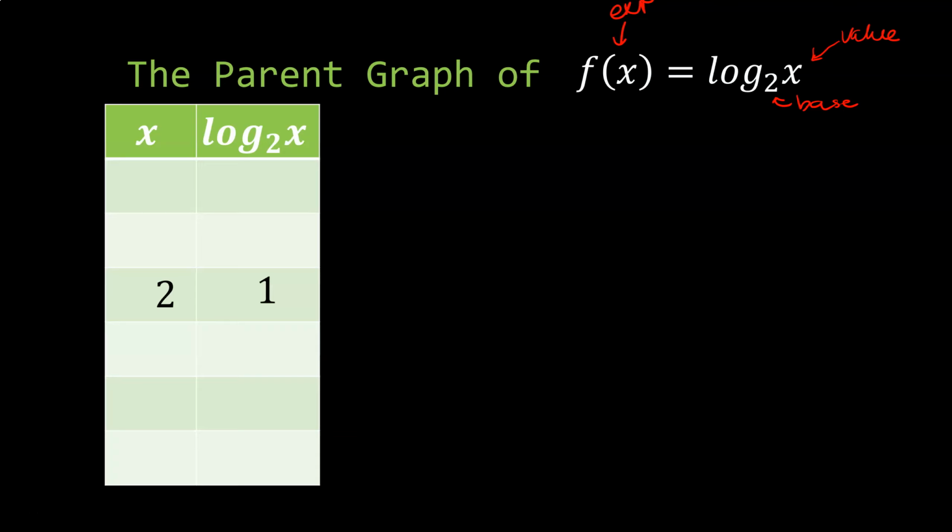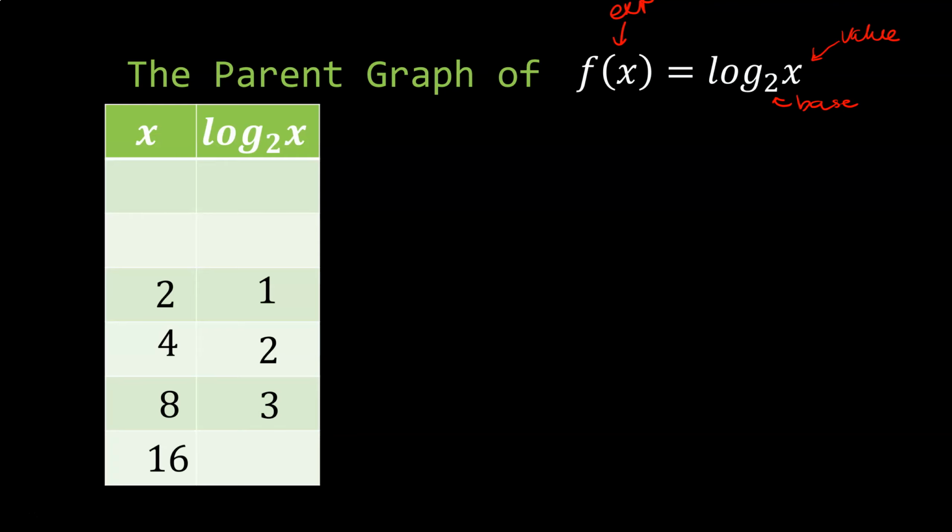Now let's go to 4. That's a nice number. Log base 2 of 4 is 2, because 2 to the second power is 4. And then the next nice number would be 8. Log base 2 of 8 is 3. The exponent is 3, because 2 to the third power is 8.